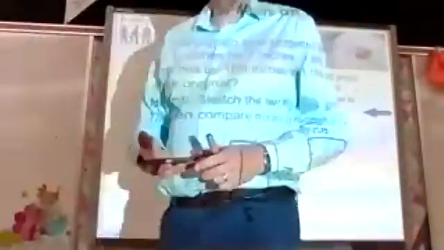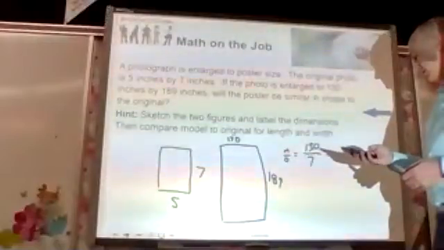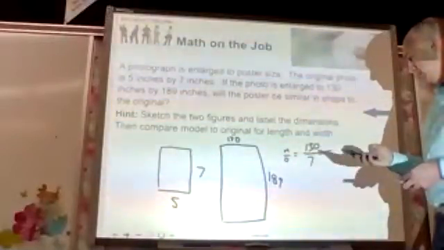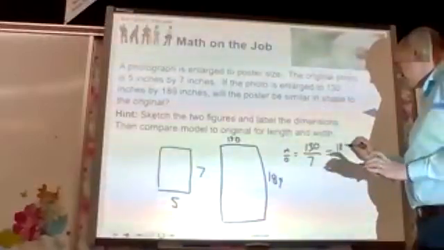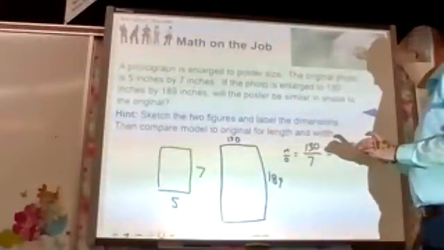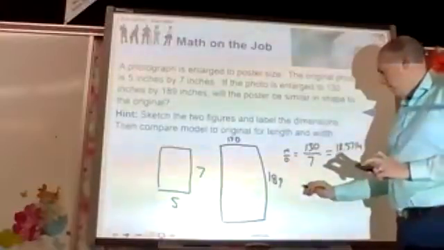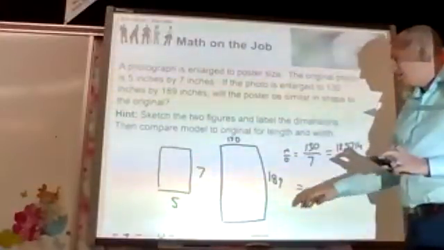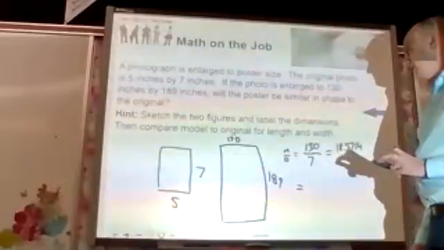So let's actually take a look at it as a decimal. 130 divided by 7 is 18.571428, etc.